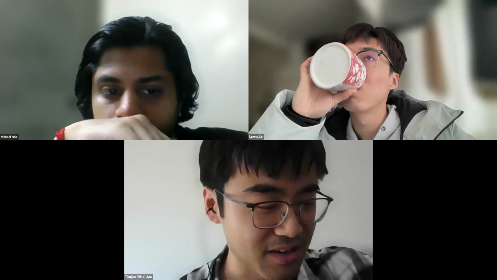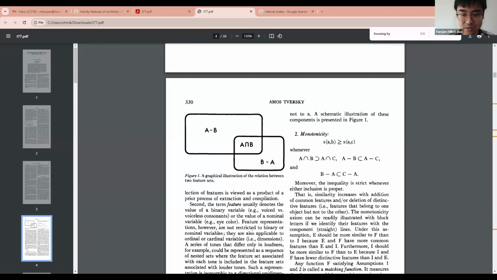But how exactly is Tversky going to resolve these problems? Before I go into it, I would like to quickly share my screen, because Tversky is going to introduce to us something called the feature matching contrast model, and it's best understood through graphs.